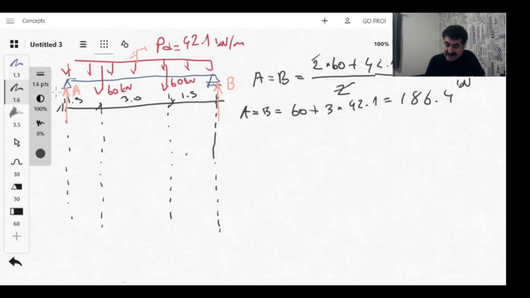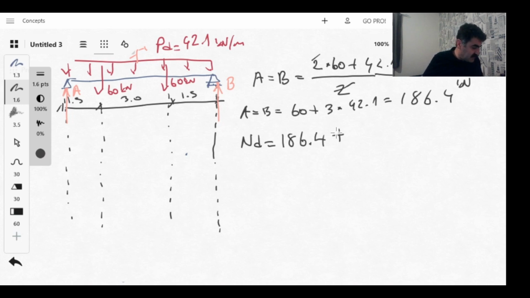So this will be the axial load for the column as well. But we can calculate the design axial force of the column directly, but we need to add the column weight. So design axial load for the column, N_Ed, will be equal to 186.4 plus, what is the column weight?